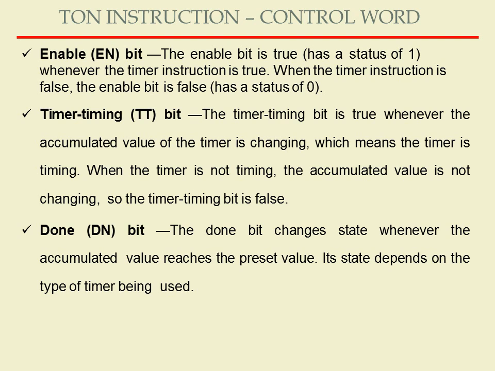Then done bit, DN bit. The done bit changes state whenever the accumulated value reaches the preset value. Its state depends on the type of timer being used, that is whether it is on timer or off timer.